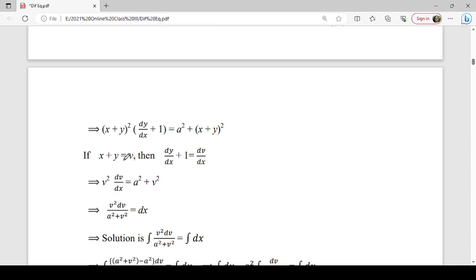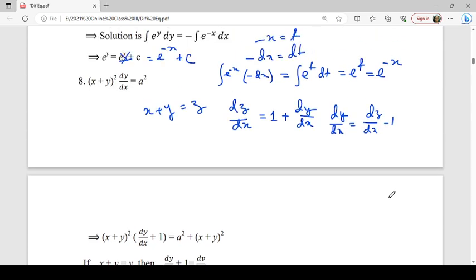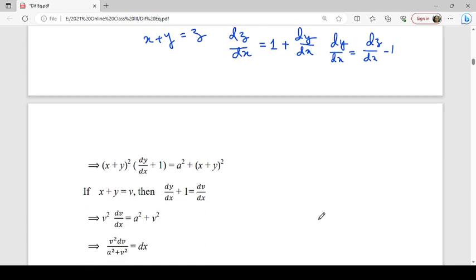So here we are substituting v, not z actually, and it is v square. Not here, it is z, we are writing z here. So z square dy/dx, this is dz/dx or dv/dx, then a square plus v square.